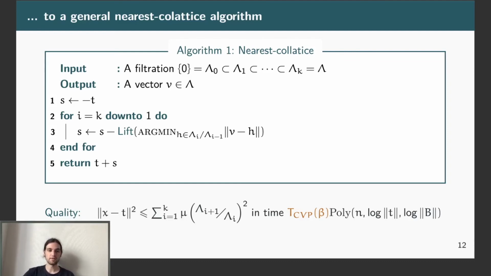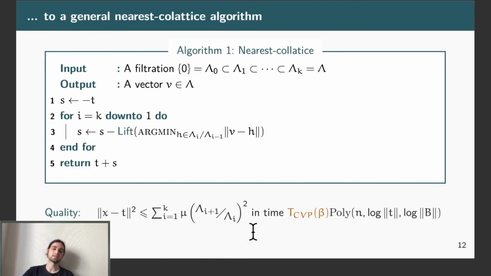And the quality of the output will follow this kind of equation here. We will find a vector which is at distance at most the sum of the maximal distance at which we can decode on each of the successive quotients.